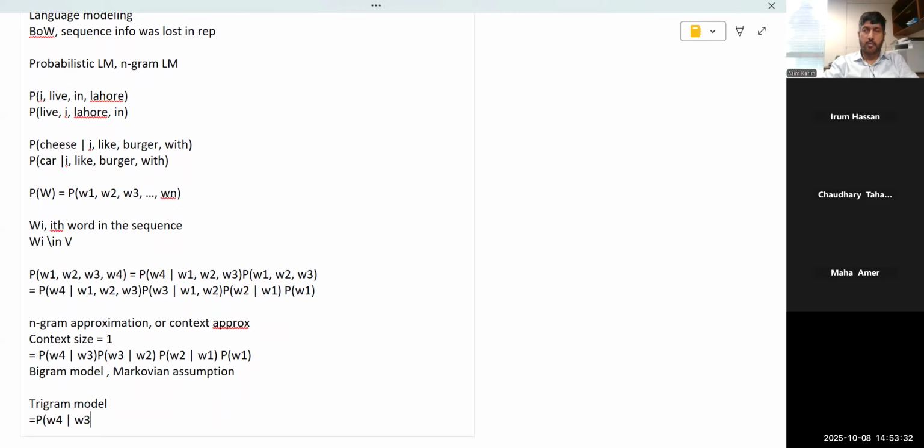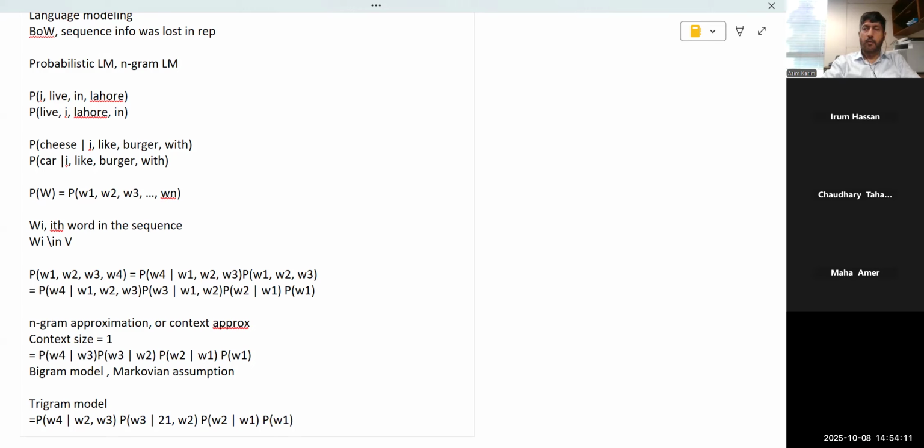W4 के बाद आता है W3 and W2 and W3, and then we have W3, इसके प्रीवियस दो क्या होंगे हमारे पास W3 के W1 and W2, and W2 का ऑफ कोर्स एक ही प्रीवियस है W1 and then W1. ठीक है?